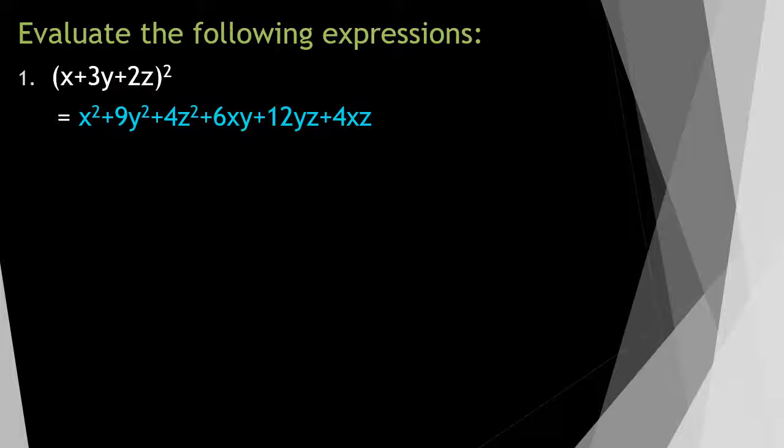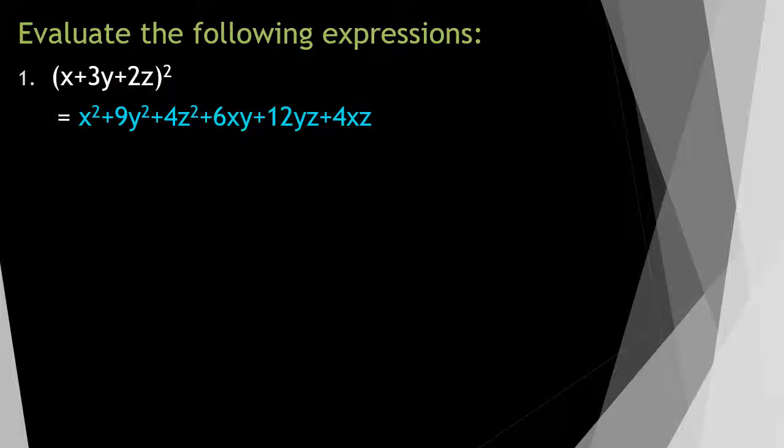As you can see, we have 6 terms in the product. Why? Since it is a trinomial, quantity squared, we are operating on all 3 terms in the trinomial.